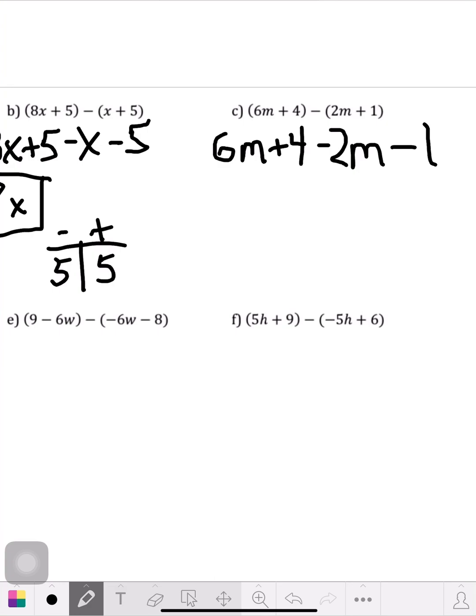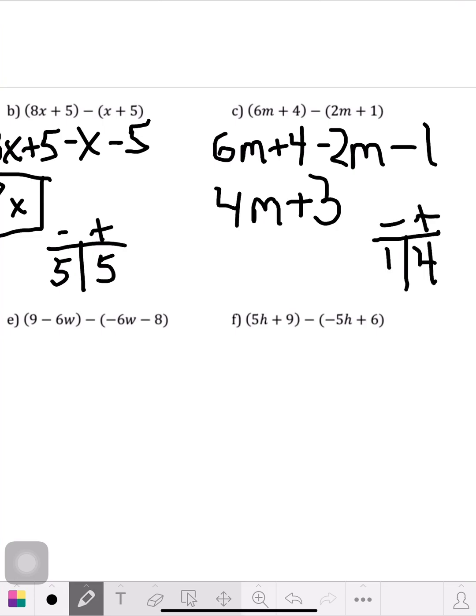Let's do the math real quick on this one. We have 6m minus 2m, which is 4m. Now we have 4 minus 1. That's going to be 3, and it's going to be positive because the positive is going to win out. If we had drawn that simple T box, we have a negative and a positive sign. We would put the 4 over here and the 1 over here. The difference between the two is 3. The team with the most points is the positive team, so the positive wins out. And that's all there was to that.